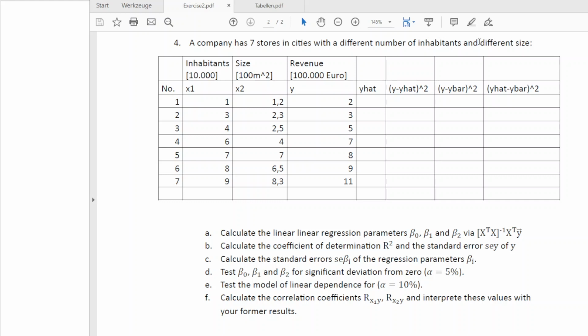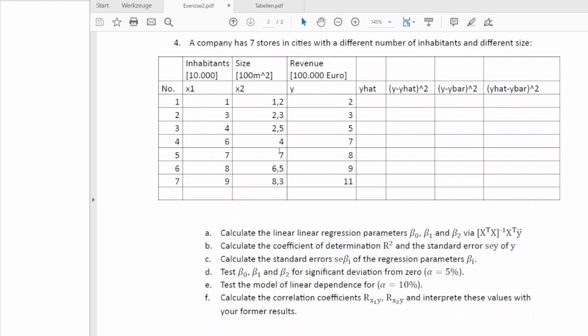So in general, if you have a company and you want to sell something in a store, you can think that the larger the city is, the larger is my store. This would maybe be your idea, but of course sometimes it's not possible to find a good location for our store, and so maybe we have a larger city but a smaller store, like I did here from number 5 to number 6, for example.